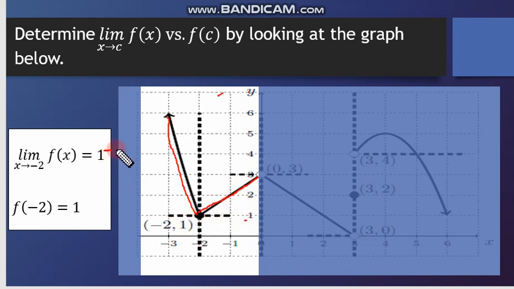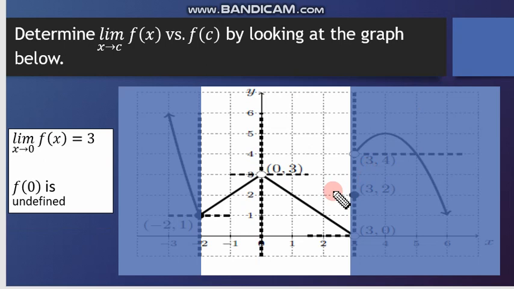Therefore, the limit is equal to 1. But how about f of c? Now, f of c here is the black dot. Therefore, f of negative 2, or f of c, is equal to 1 as well, where y is equal to 1.